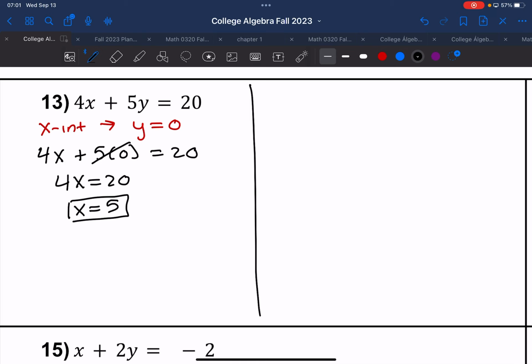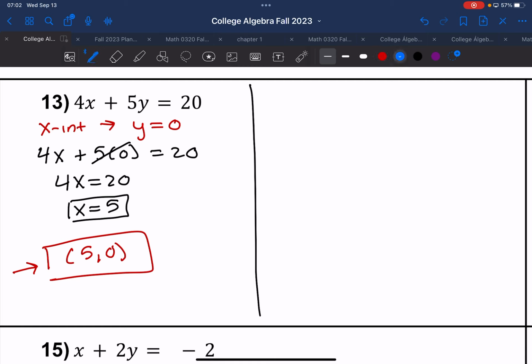It's just telling us that when y is 0, x is 5. How do we write our x-intercept as a point? (5, 0). So this is the answer right here. Remember, when we're finding the intercepts, our answer is always a point.